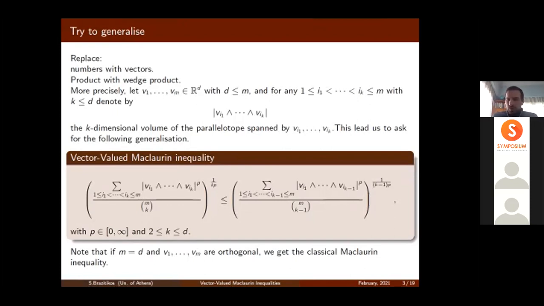And the problem is that some cases of p are easy, and some cases of p are hard. Also note that if the vectors are orthogonal, then this wedge product becomes the product of the lengths of the vectors, so we can apply the classical Maclaurin inequality. So this inequality implies the classical Maclaurin inequality.